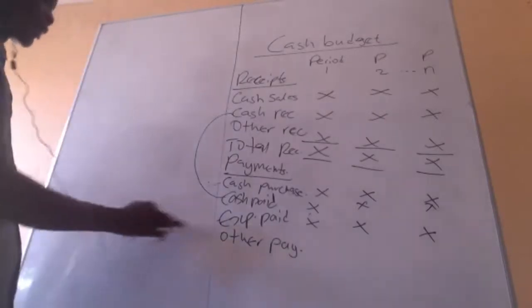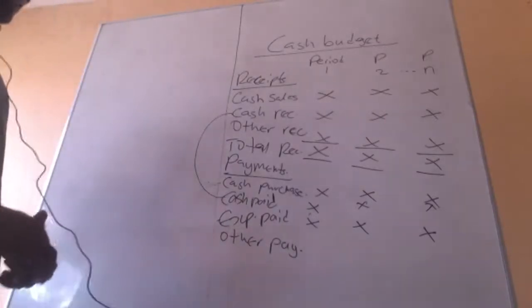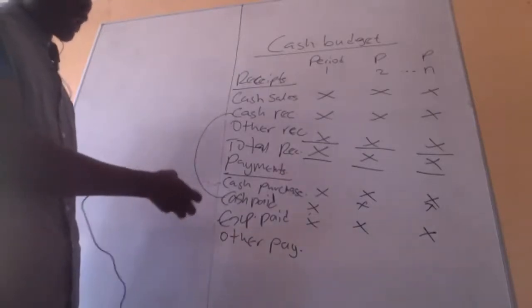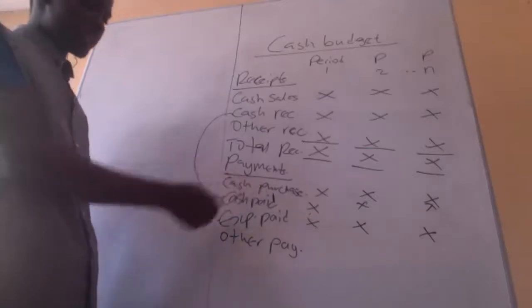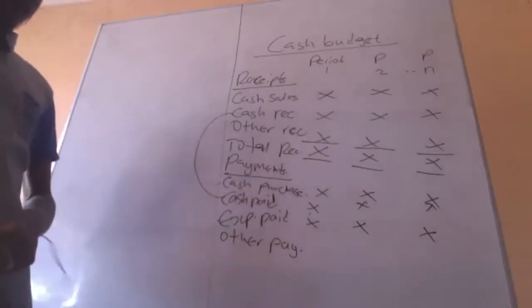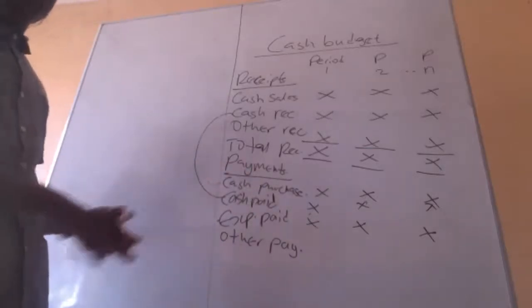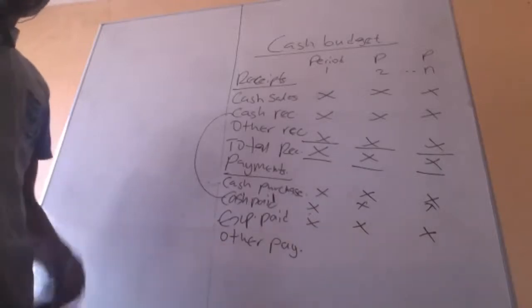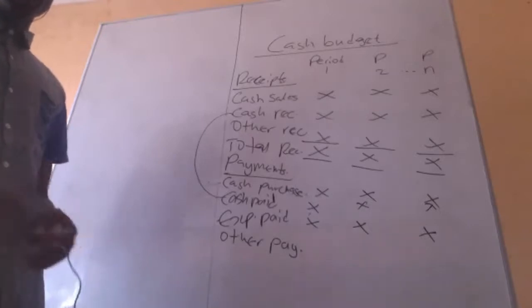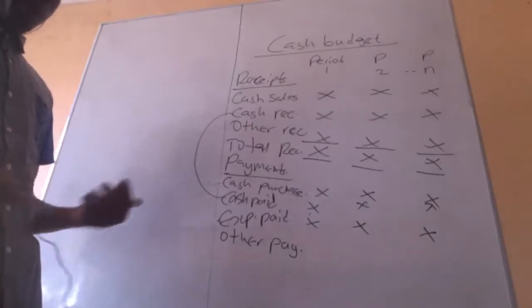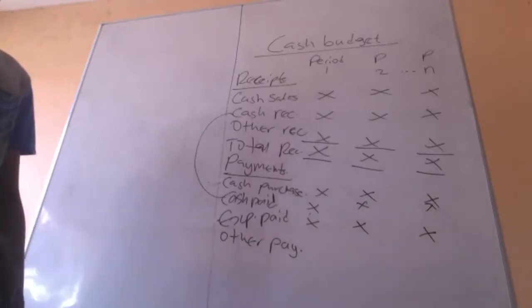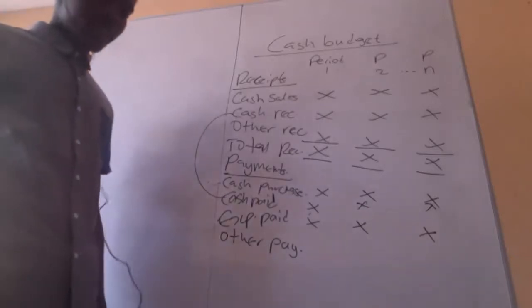Now, other payments. These are payments which are not coming from your purchases, not paid to your suppliers, or not expenses, the other form of payments. Example can be what? Repayment of loan. And when you acquire any PPE or when you invest, that's the other payment.